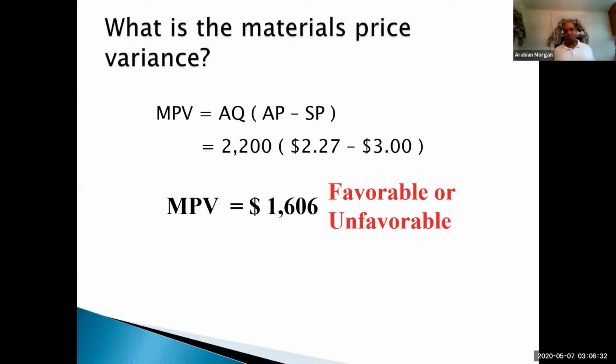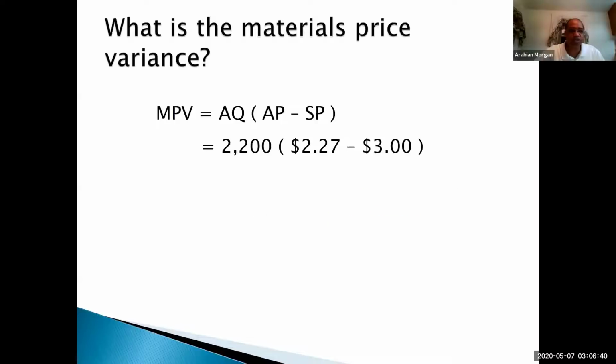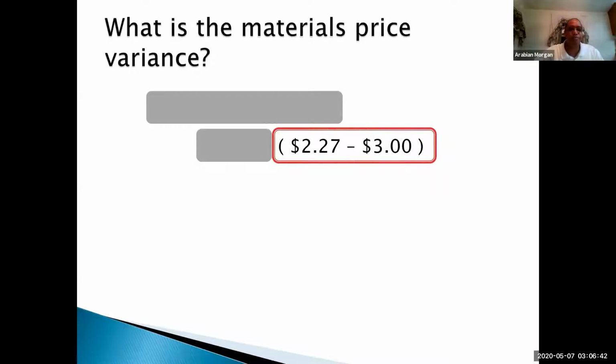So in order to determine if this difference is favorable or unfavorable, I need you to focus on just the end of this formula, what's inside the parentheses. That's very important.